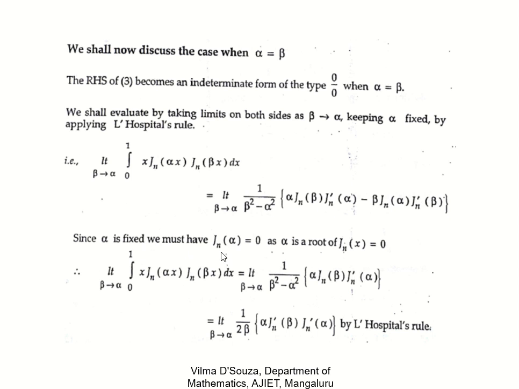Since alpha is fixed, we must have Jn of alpha equal to 0, as alpha is a root of Jn of x equal to 0. So replace x by alpha, you must get it as 0.